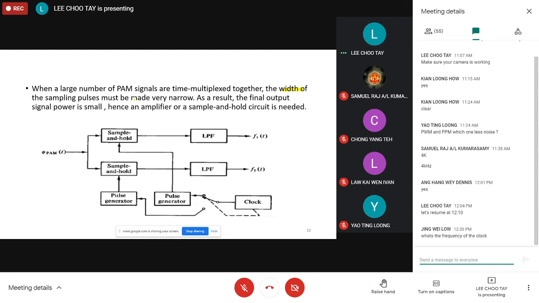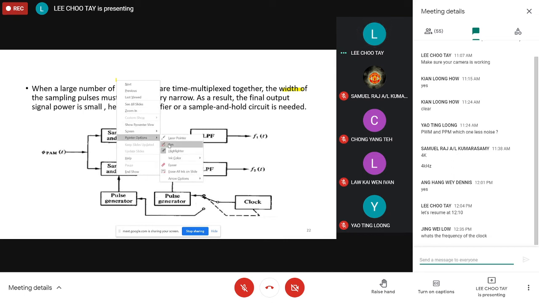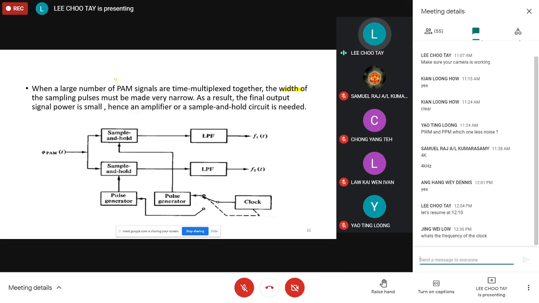Let's take the same duration, from here to here, where I only sample 2 signals. Then my pulse width can be very wide. But with the same duration, if I need to sample more signals, then my pulse width has to be very narrow, so that I can sample more.